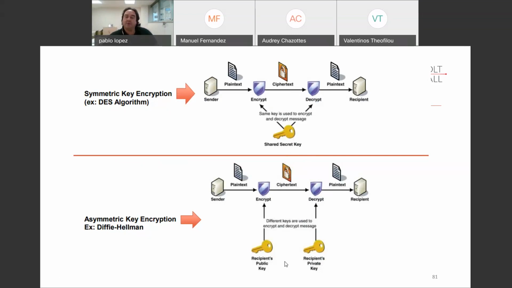Or would it be safer that each one that enters has his own code, and this own code is allowed to enter the building? So those are the different situations where symmetric and asymmetric key encryption can be useful or not. That can give us an advantage or not.